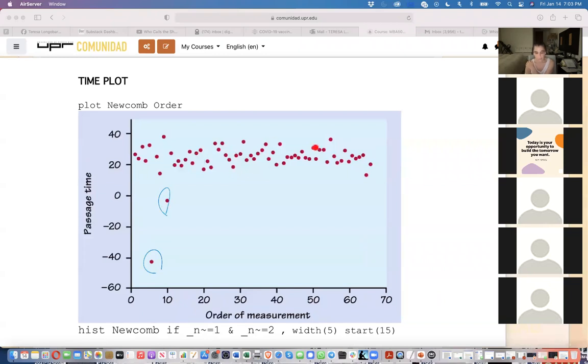All of the data is up here, but we have these two values early on in the experiment or in the study. Early on in data gathering or data collection, errors were made. You could argue these were measurement error.